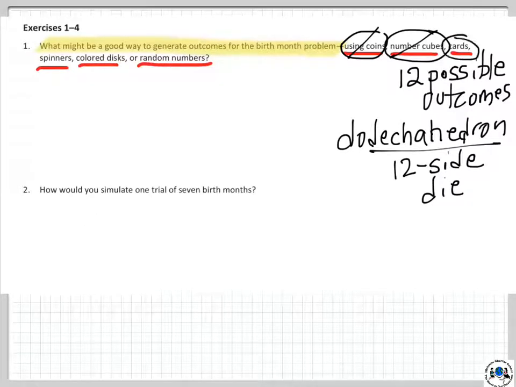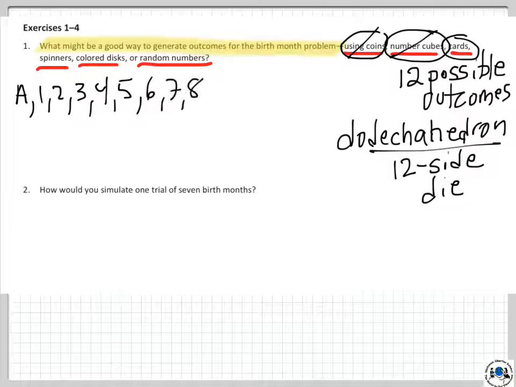Some other possibilities are cards, a deck of cards. In a deck of cards you have the ace, then 2, 3, 4, 5, 6, 7, 8, 9, the 10. So now we're at 11, and then we could use the jack.